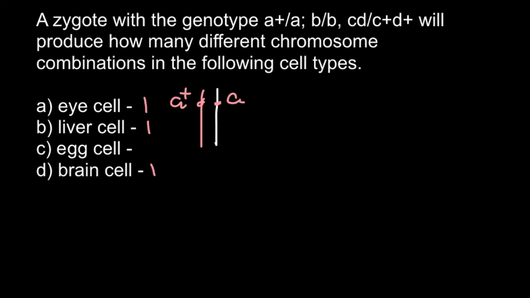So, how many different gametes such organism can produce? And of course it is super easy to say that one variant would be genotype A plus in the gamete. So what kind of gametes this organism would produce?